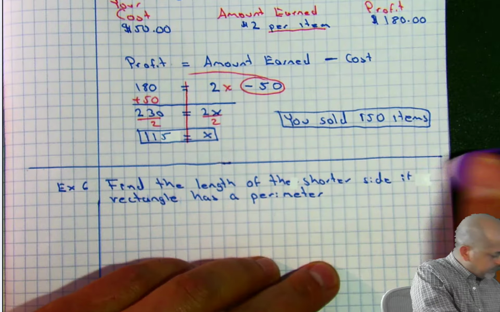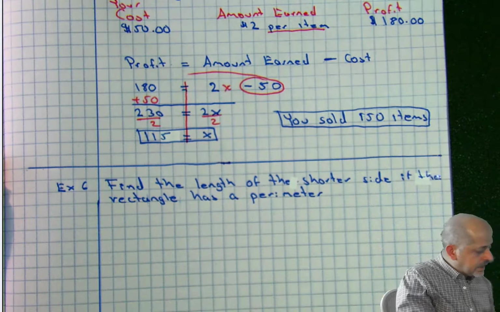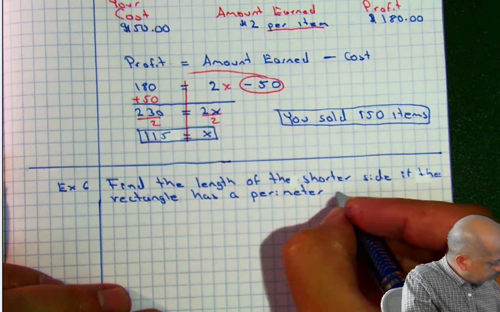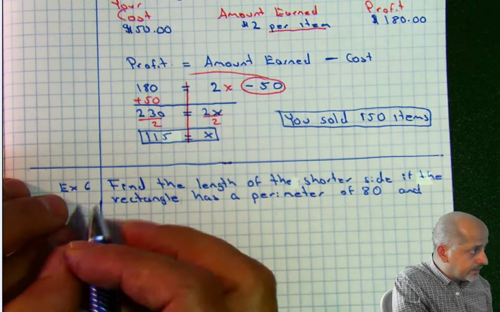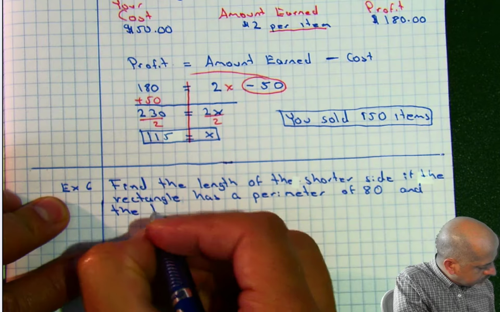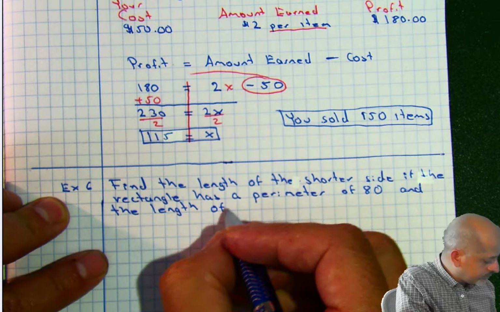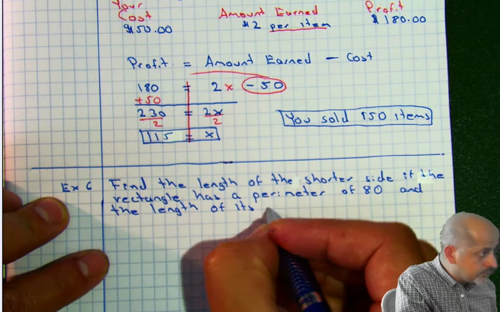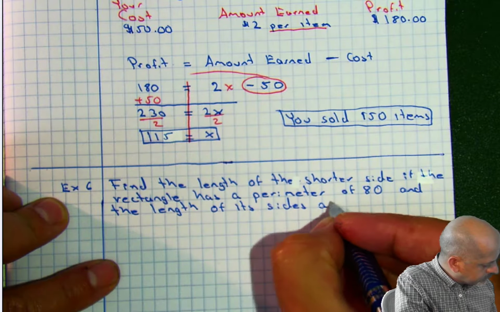So if the rectangle below has a perimeter of 80 and the length of the sides as follows.